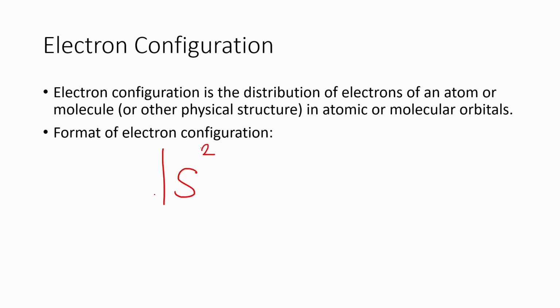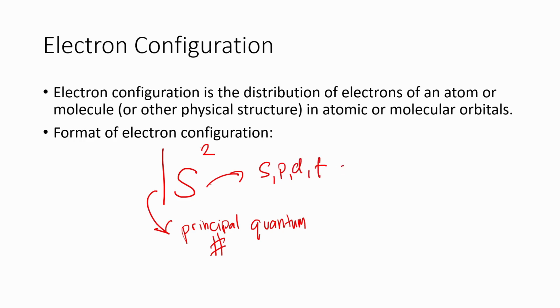Okay, so the number represents the principal quantum number. The letter could be S, P, D, or F. This represents the shape of the orbital.